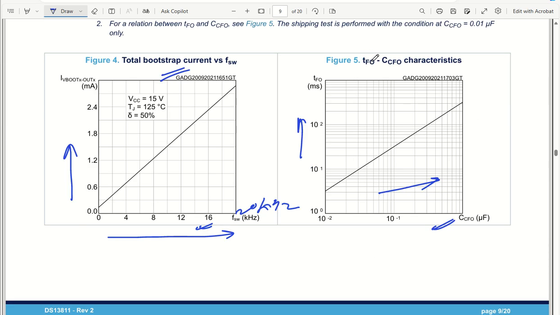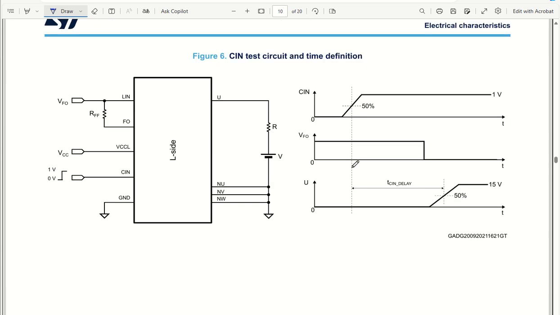The response time of the fault output will be around 100 millisecond, and CFO is the capacitor at the fault output. If the capacitor at the fault output increases, the time response for the fault output also increases. Good. So this is just a C input test circuit and timeline.